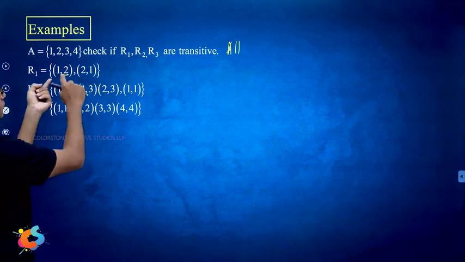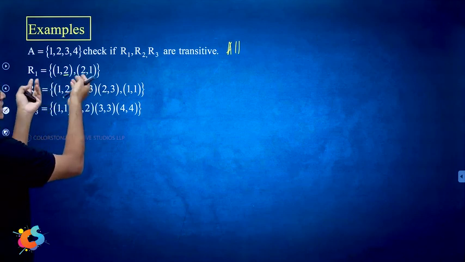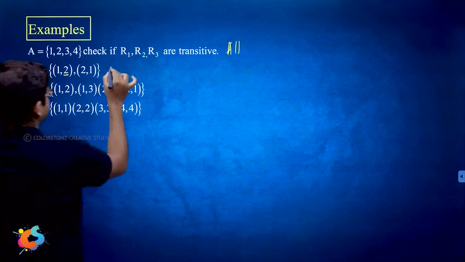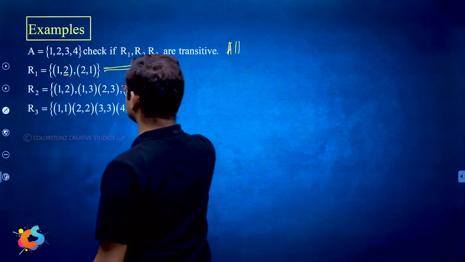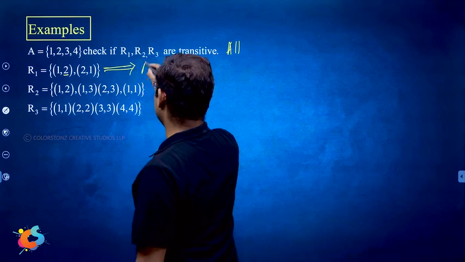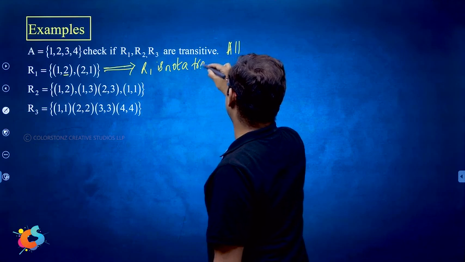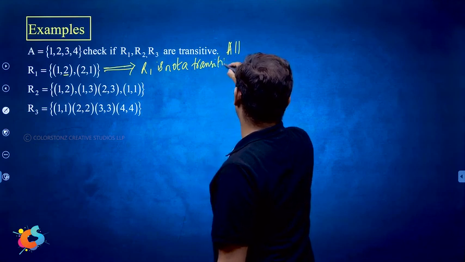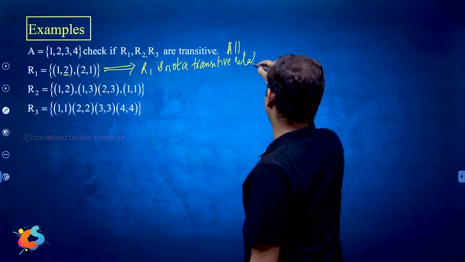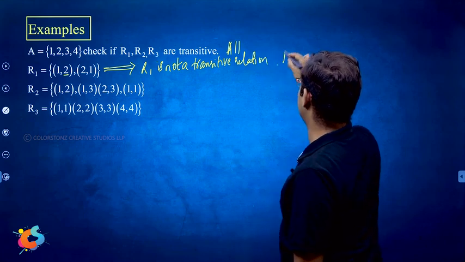Yes, (2, 1) is there. So (1, 1) should be there. Is it there? No. So therefore, R1 is not a transitive relation. Okay.